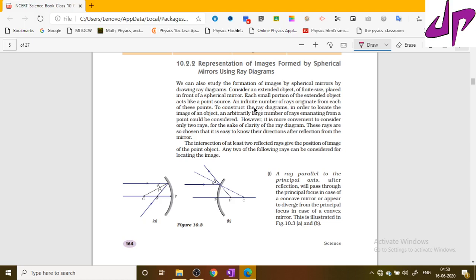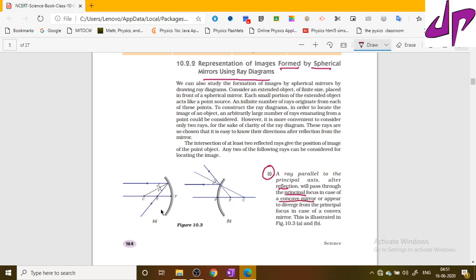Let's see some of the rules to draw ray diagrams, for the representation of images formed by a spherical mirror. We need to follow certain rules. The very first one: a ray parallel to the principal axis, after reflection, will pass through the principal focus in the case of a concave mirror.